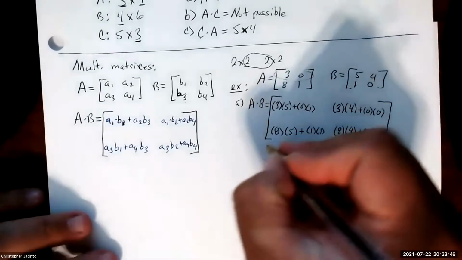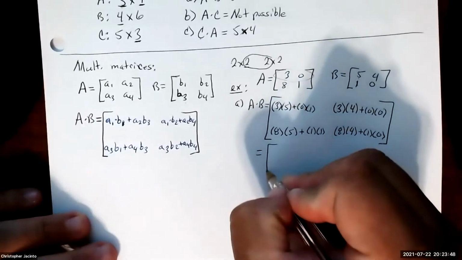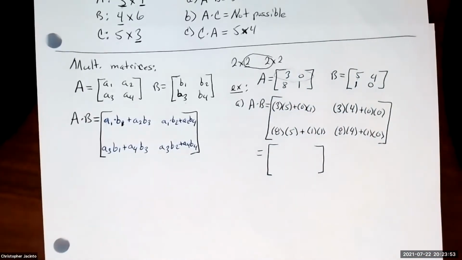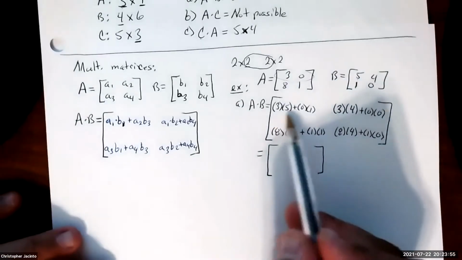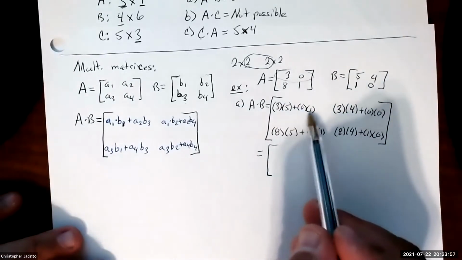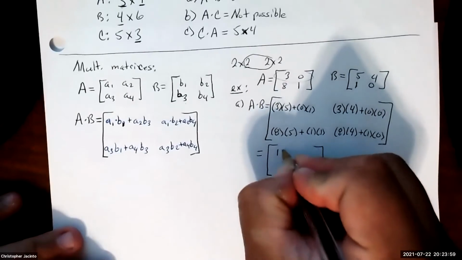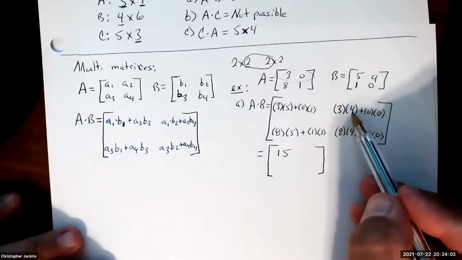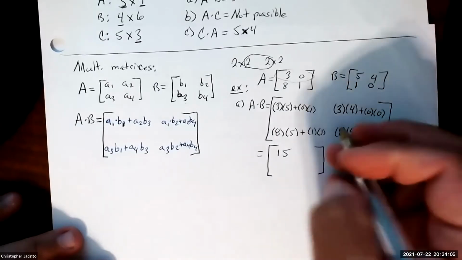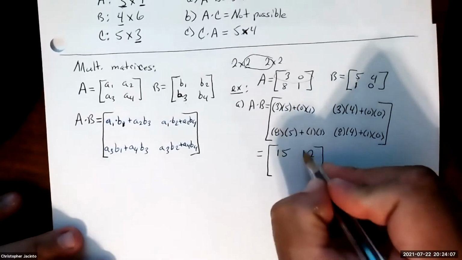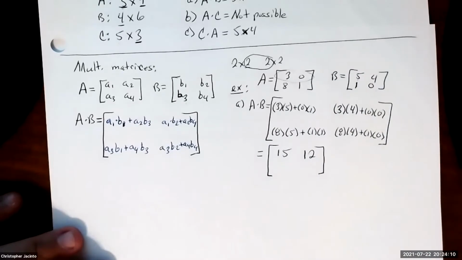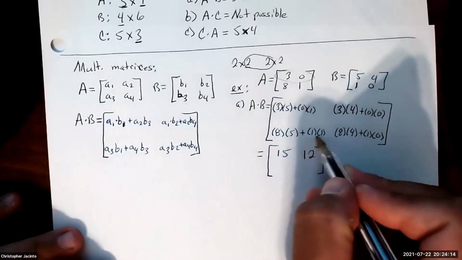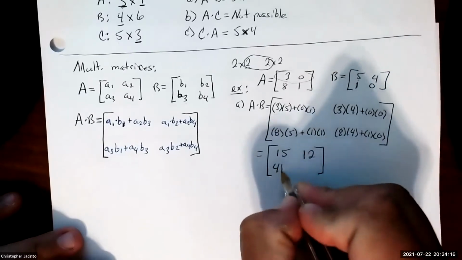Now all we're going to do is just simplify. Ready? Multiply and then add them together. So 3 times 5 is 15 plus 0. That's just 15. Over here, 3 times 4 is 12, then 12 plus 0 is still 12. 8 times 5 is 40 plus 1, so that's 41.